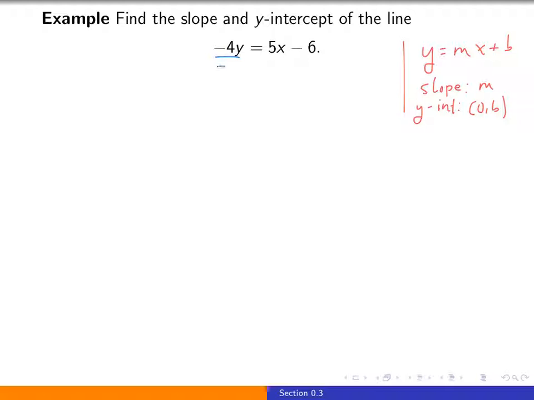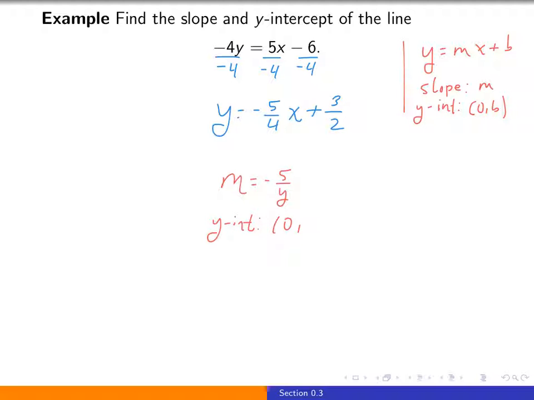Divide each term by -4. This becomes y equals minus 5/4 x minus 6 over -4 becomes plus 3/2. So looking at the form of this equation, we see that minus 5/4 is going to be our slope, and the y-intercept is the point (0, 3/2).